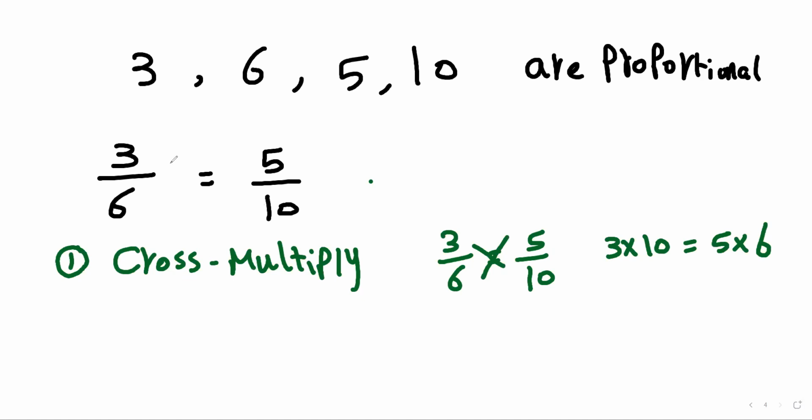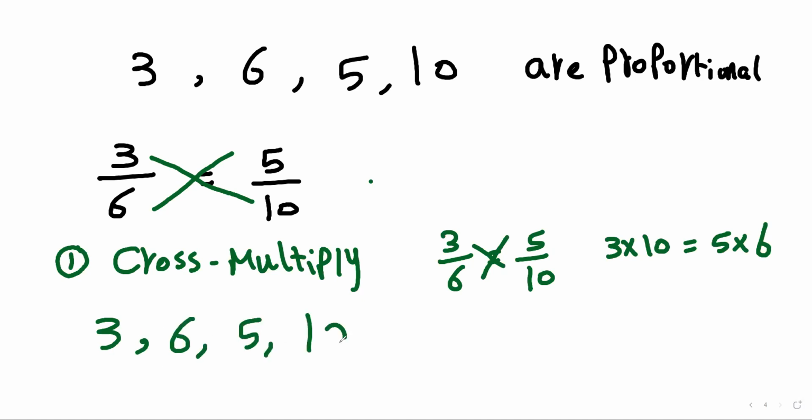The first property we are going to study is cross multiplication. If you multiply 3 by 10 and you multiply 5 by 6, you'll get the same value. Let's go to the ratios here. The first ratio, 3 over 6, and we can write it as 3, 6, 5, 10. What is this property?